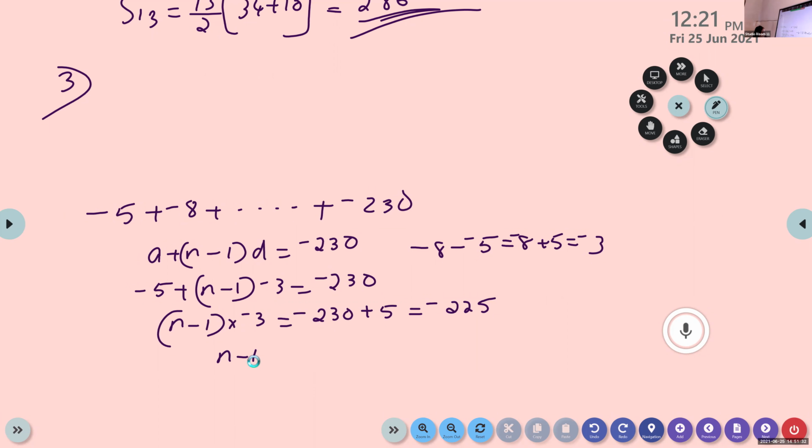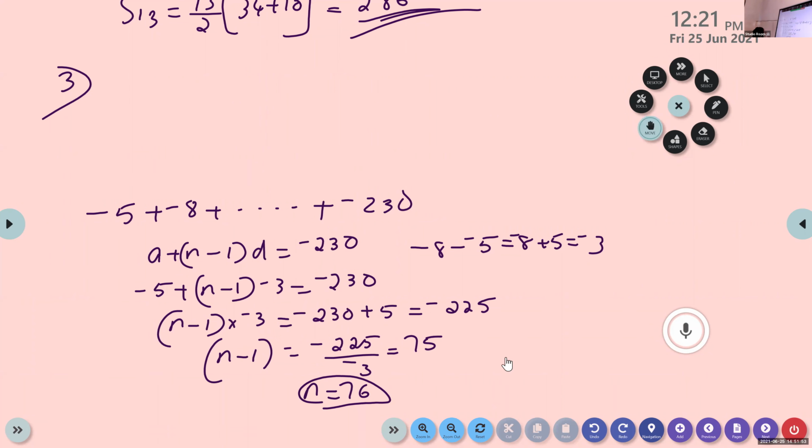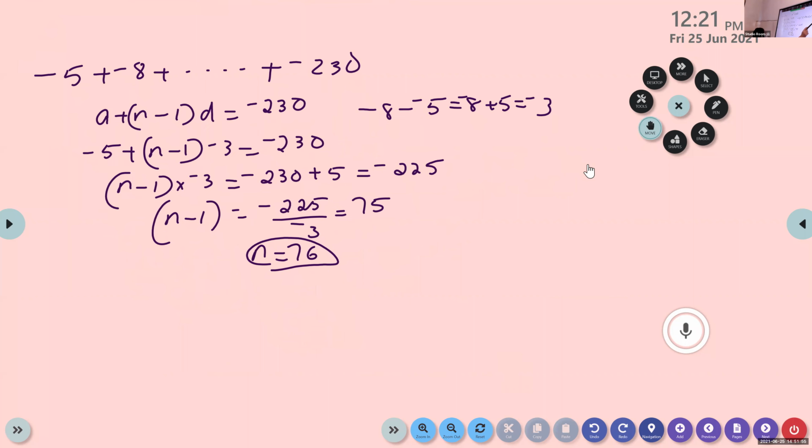So n minus 1 equal to negative 225 by negative 3, that is 75. So n equal to 75 plus 1, 76.